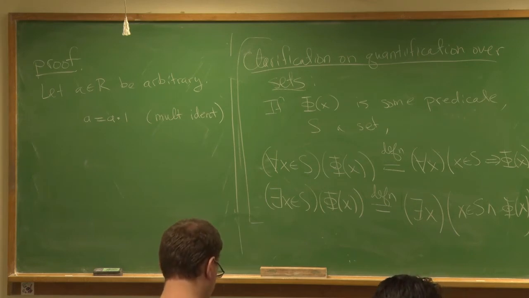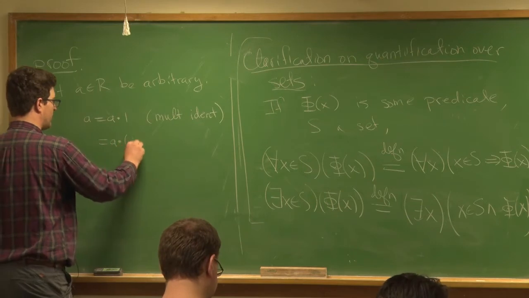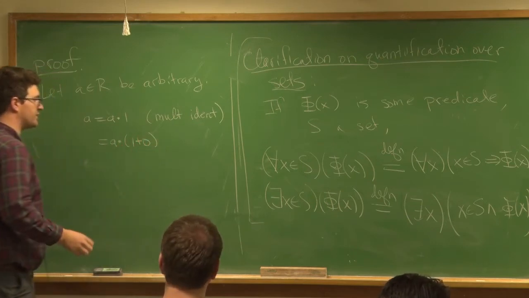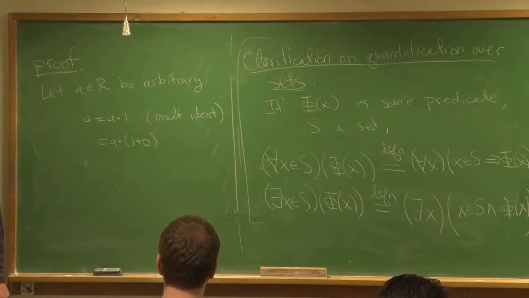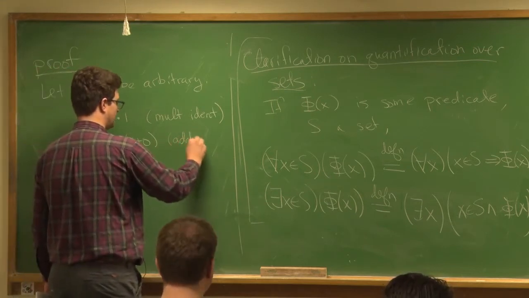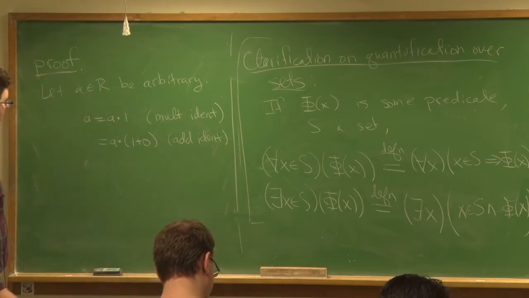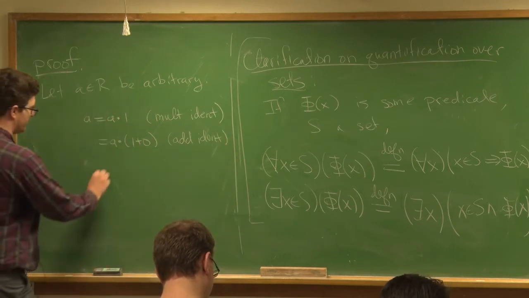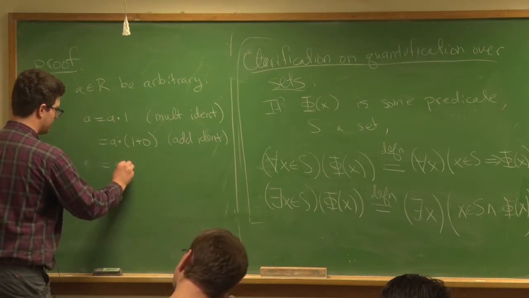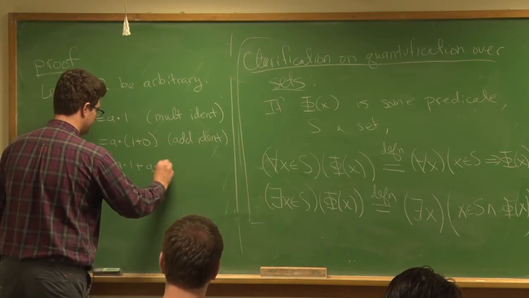So this is also equal to A times (1 plus 0), because 1 plus 0 is the same thing as 1. This is by the axiom for the additive identity. And then we have the distributive rule, so this is equal to A times 1 plus A times 0.